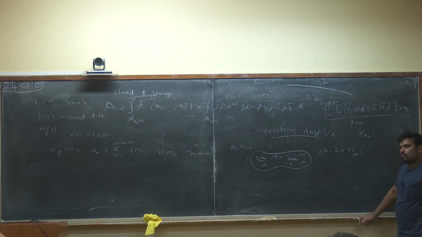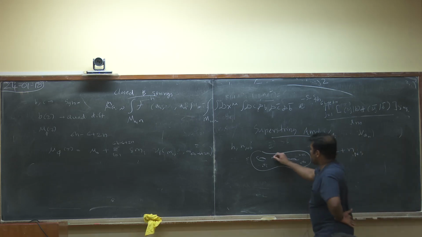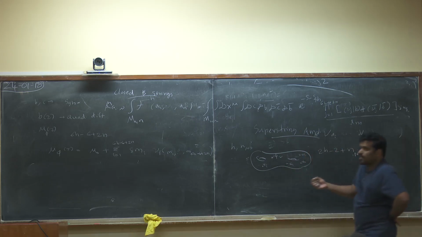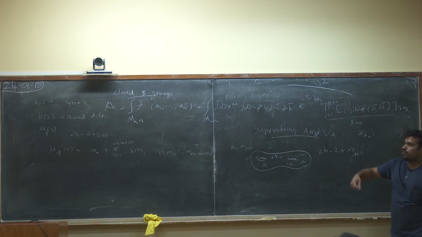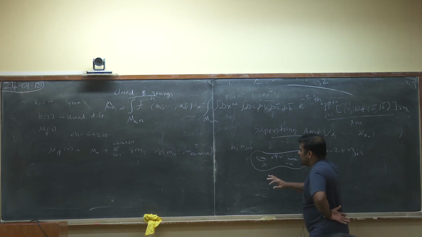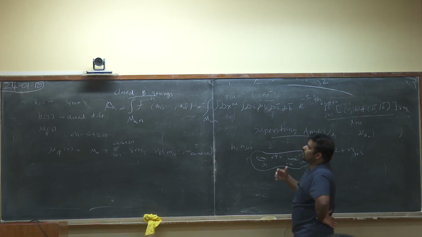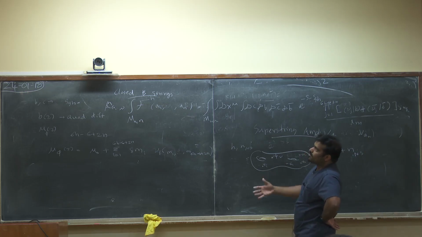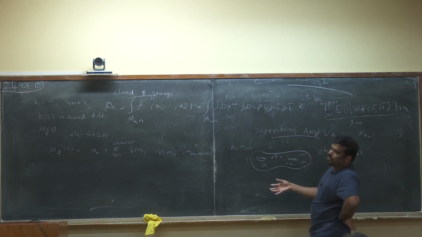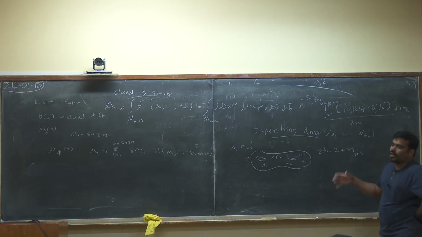Sorry, at least naively the amplitude doesn't depend on the location of the picture changing operator. No, the point is that depending on the location, you are talking in terms of precise location on the Riemann surface. You think that locations on the Riemann surface, since the Riemann surface is invariant under MCG transformation as an abstract object, a location also should not change, right?